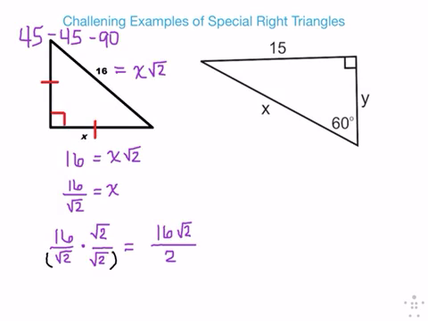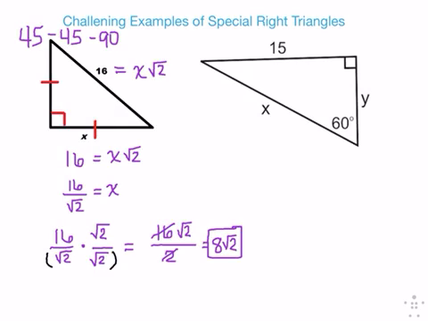The square root of 2 times the square root of 2 cancels out the square root, and it leaves you with the number 2. And then we can simplify here. 16 divided by 2 is 8, so that gives us 8 root 2. That would be the length of the side x.